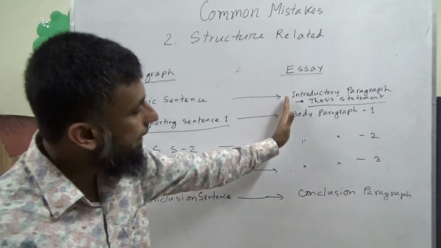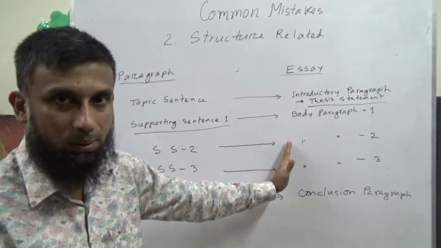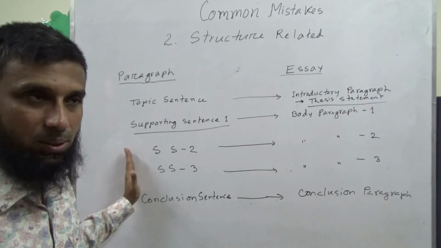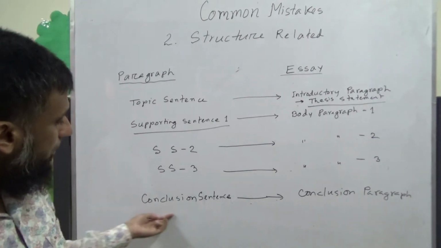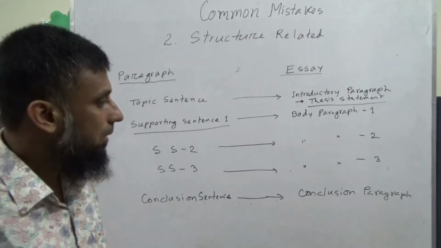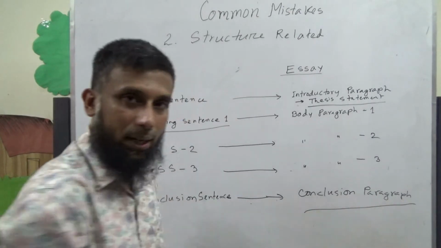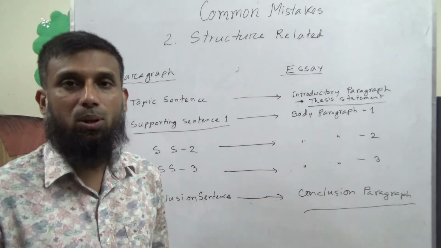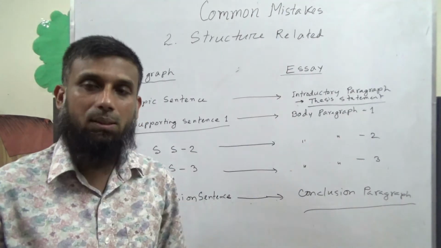So in an essay you have 3 body paragraphs, while in a paragraph you have 3 supporting sentences. In a paragraph you have only one conclusion sentence, but in an essay you have a conclusion paragraph. So a whole paragraph in an essay which concludes the ideas.